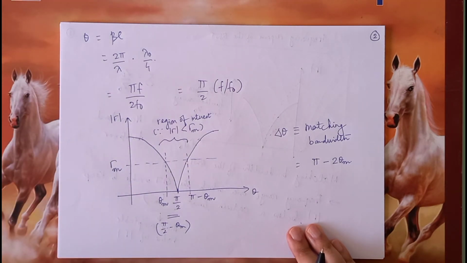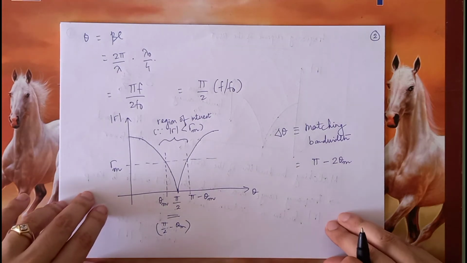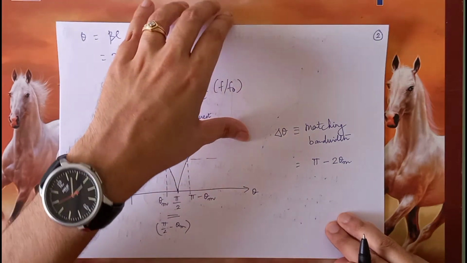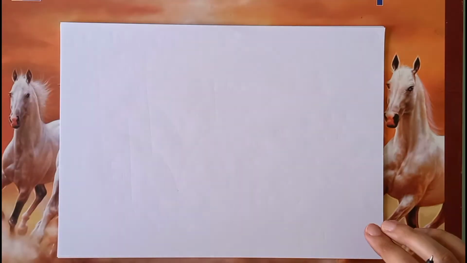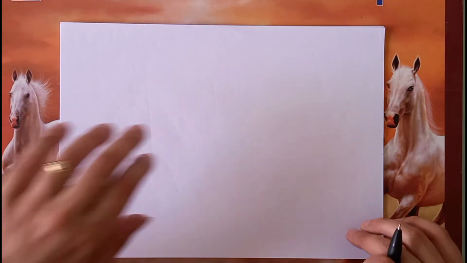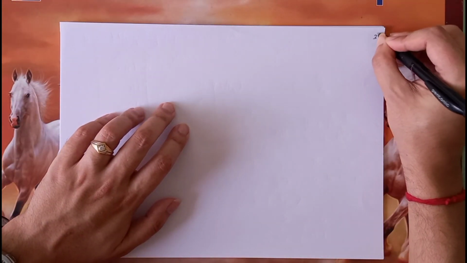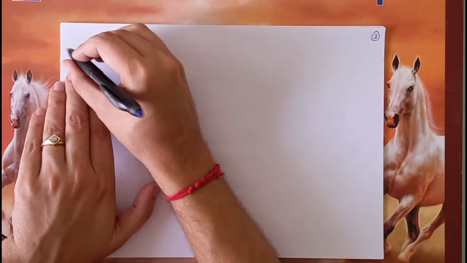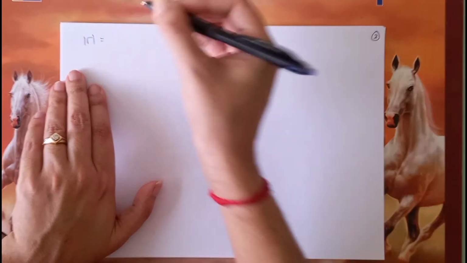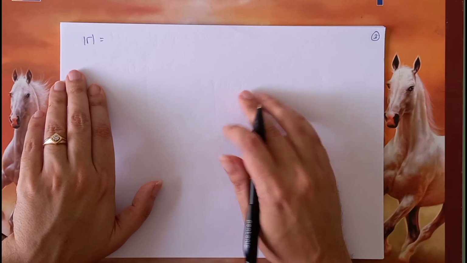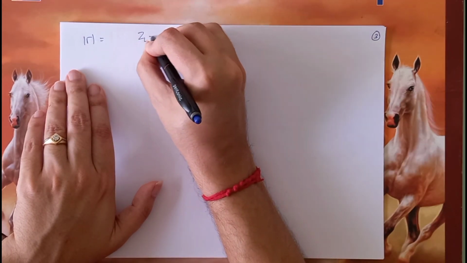So having said this, let us go back to the equation for mod gamma that we had derived in the previous lecture. So we had essentially derived that for the quarter wave transformer, the mod gamma looks something like this, without normalization of impedances.